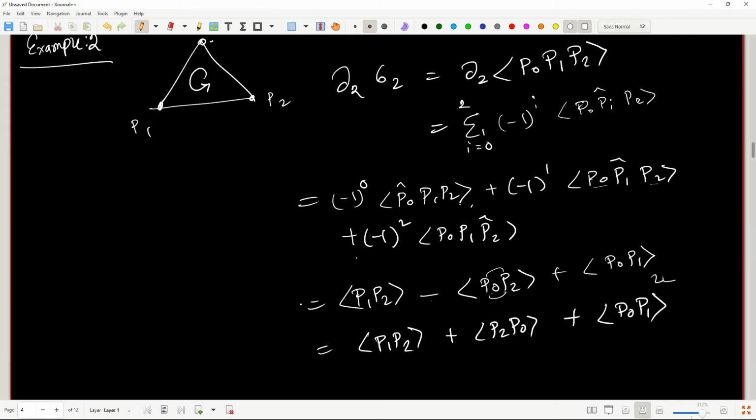Now look at the orientation. p1 to p2 is along this orientation, p2, p0 is this way, and p0, p1 is this way, and they match with the given orientation, right? And this is the 2 boundary of this triangle.